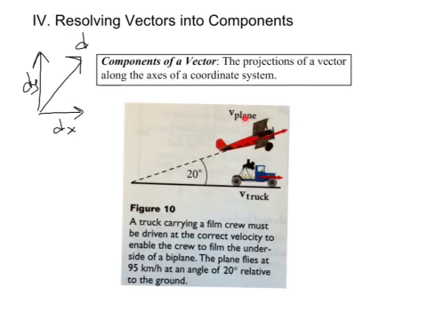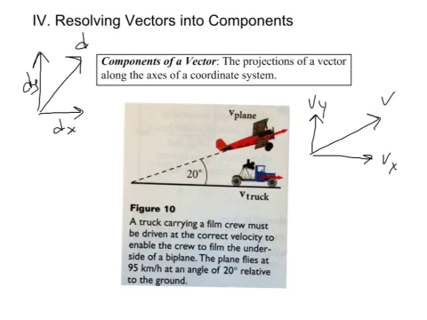The plane flies at 95 kilometers an hour at an angle of 20 degrees relative to the ground. Does this truck have to be going the same overall speed as the plane, or is it something different? If the plane is flying off with this velocity, it has a vx, it also has a vy, right?